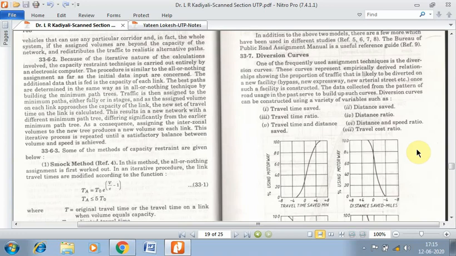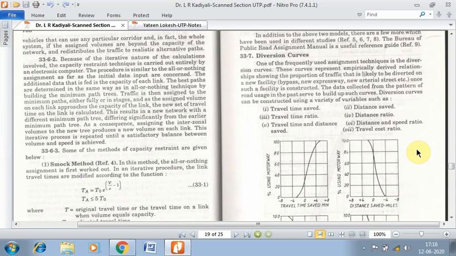Okay, so once one such facility is constructed, using these diversion curves you will be able to calculate what percentage of vehicles will be using this new facility. The data collected from the pattern of road usage in the past is helpful in developing these diversion curves.